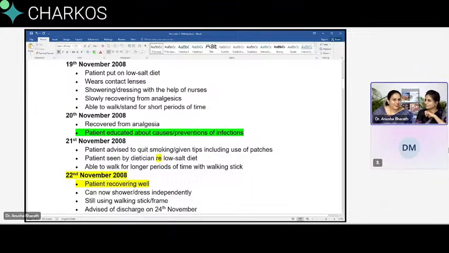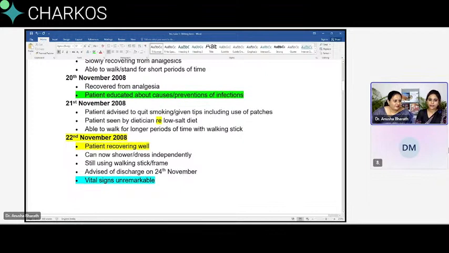Really it's nice to know that they're very reciprocative. Yes. They're responding. So she was educated about causes and preventions of infections. Yes. And she was also advised, an important factor here, to quit smoking, and she was given tips regarding the use of patches. Right. She was also seen by a dietitian regarding low salt diet.